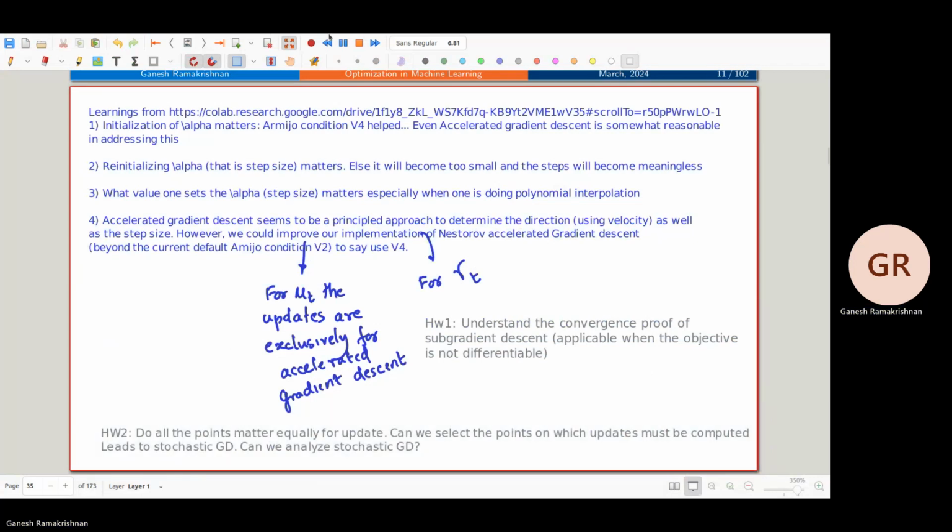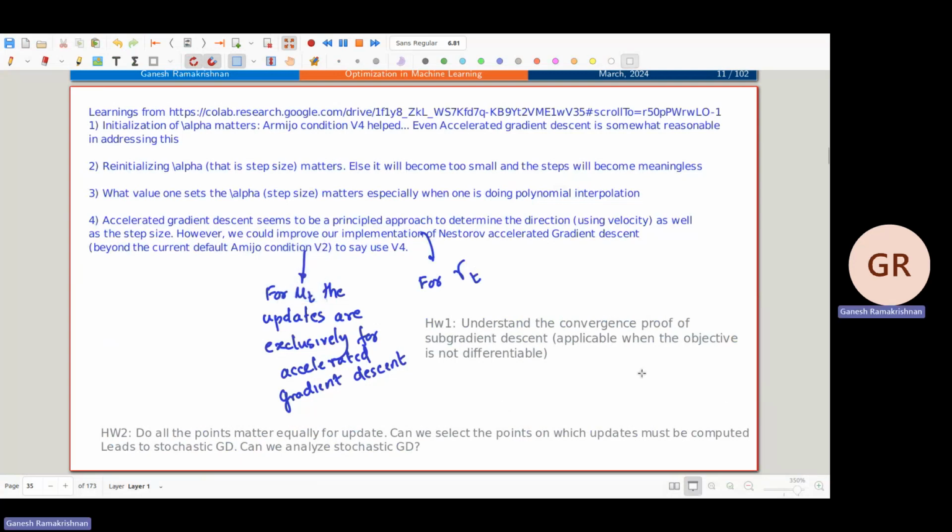And it's slightly less sensitive. An important point is it's slightly less sensitive to the step size choice. I'm not saying it is not influenced or affected, but it's slightly less flaky. So you try and understand.